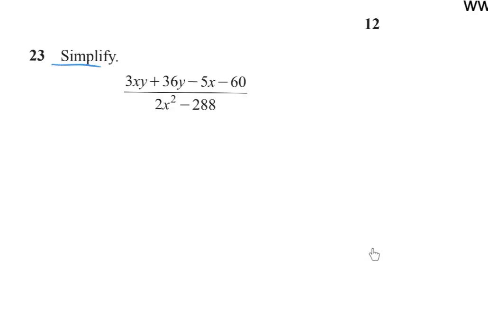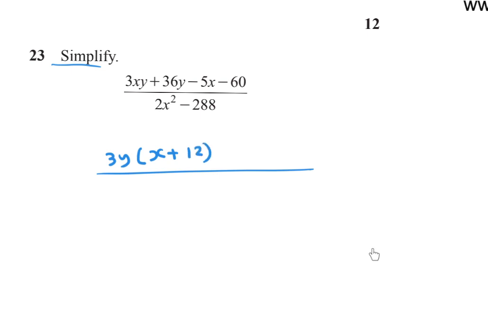23, simplify. To simplify, this means factorize the numerator, factorize the denominator, then cancel the common factors. For the numerator, we have 4 terms, so factorize by grouping. The first two, what is the common factor for the first two? We have a 3y common, so you are left with x plus 12.